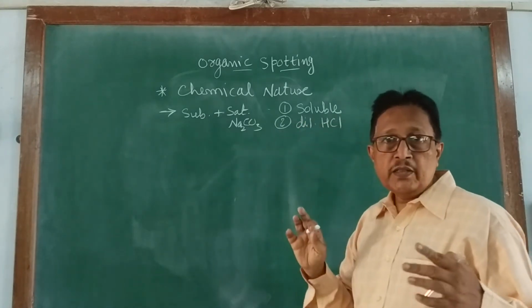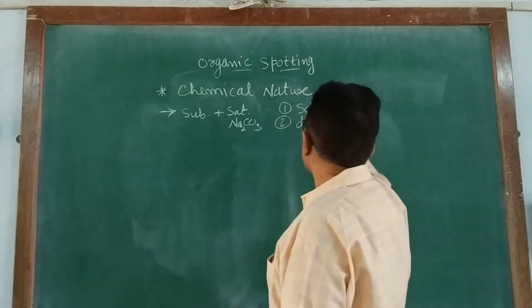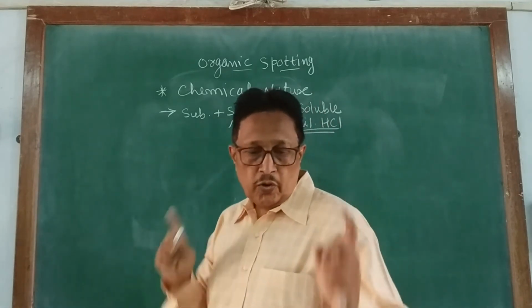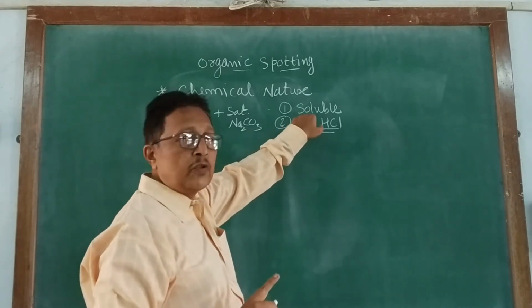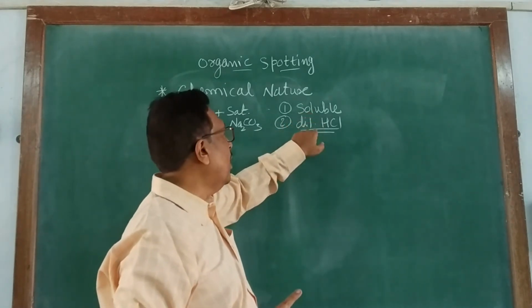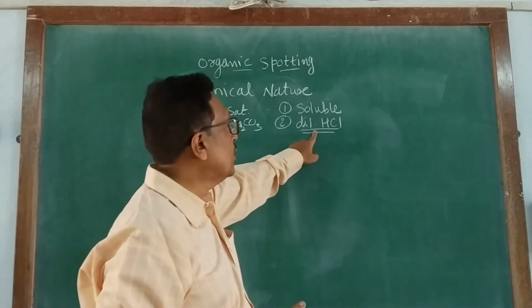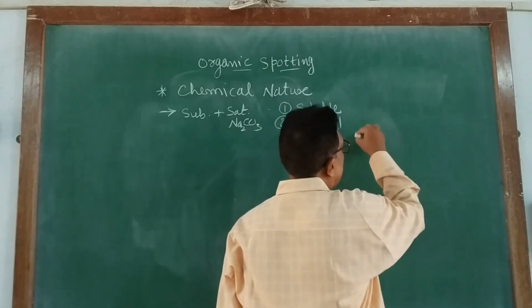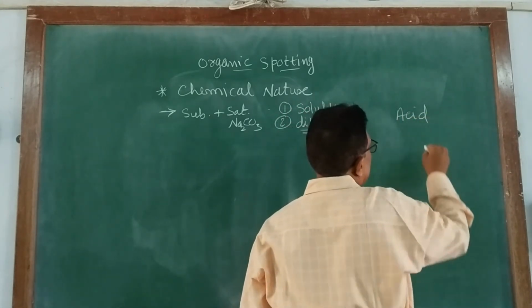If your substance does not dissolve in that, you don't need to add hydrochloric acid. So remember that particularly: if your substance is soluble, then only you have to go to the addition of dilute hydrochloric acid. And if precipitate is there, then acid is present, otherwise acid is absent.